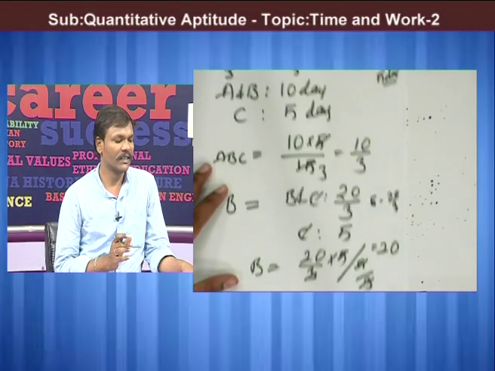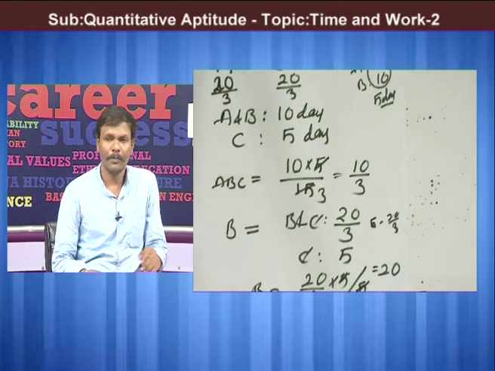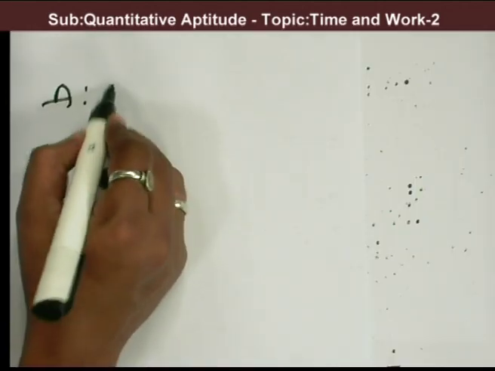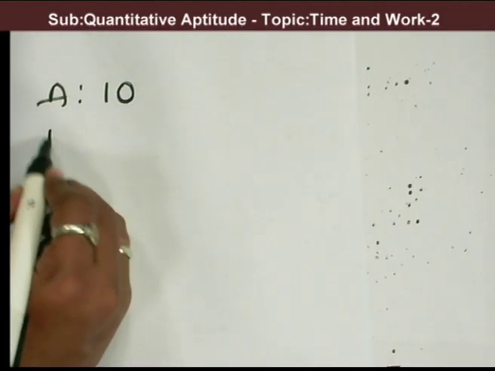Okay, is it clear? This is a typical question, but you have to understand it very clearly. Again, I am explaining. Before explaining the question, you have to understand the concept. What is the first statement? A can do a certain work in the same time in which B and C together can. For example, if A takes 10 days, B and C together also take 10 days to complete the same work.